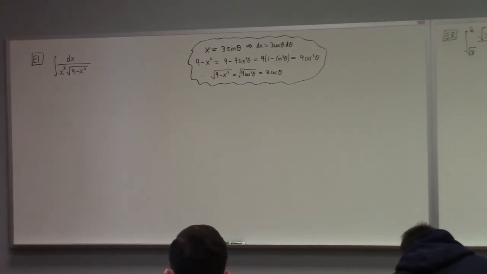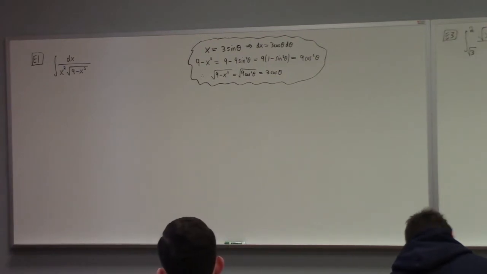The square root of a quantity should be non-negative. But cosine of theta could be negative if you put the wrong theta in, right? So why would you expect that 3 cosine theta is a positive quantity here?